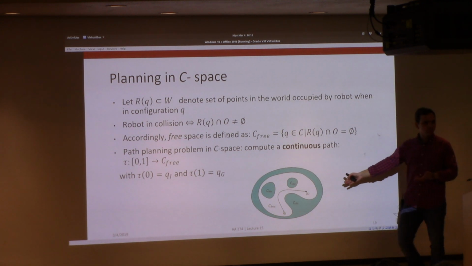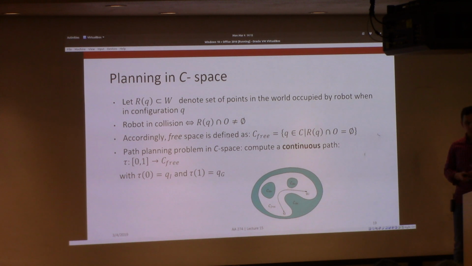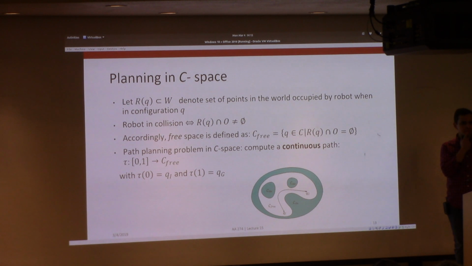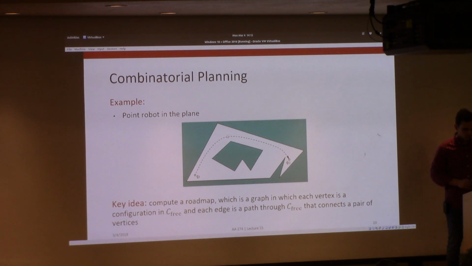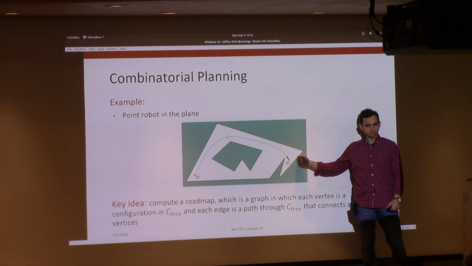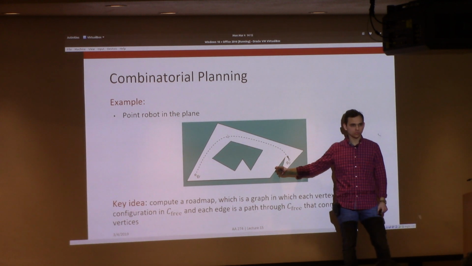But usually those continuous structures are much harder to reason with than discrete graphs, but we will see how to overcome this in a few more slides. Any questions? Okay. So what we will do now, basically, is given already the free space of the problem, we will see how to transform this representation of the free space.